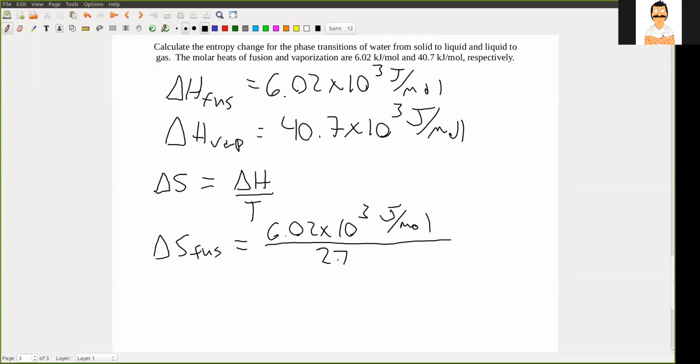So in Kelvin, it's 273 K. And that gives us a change in entropy of 22.1 joules per mole Kelvin.